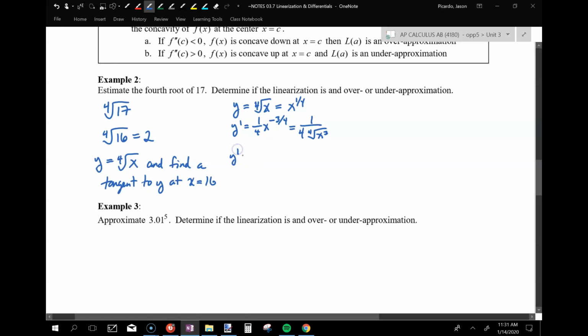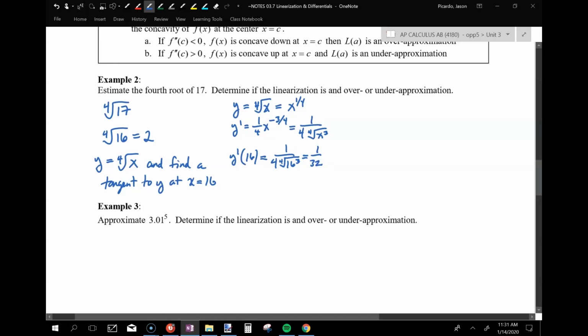So let's find the derivative at 16. Ugh. The fourth root of 16 cubed. Guys, remember that when you do these, you can actually do these in any order you want, right? So what is the fourth root of 16? It's 2, and 2 cubed is 8, and 8 times 4 is 32. So this is 1 over 32.